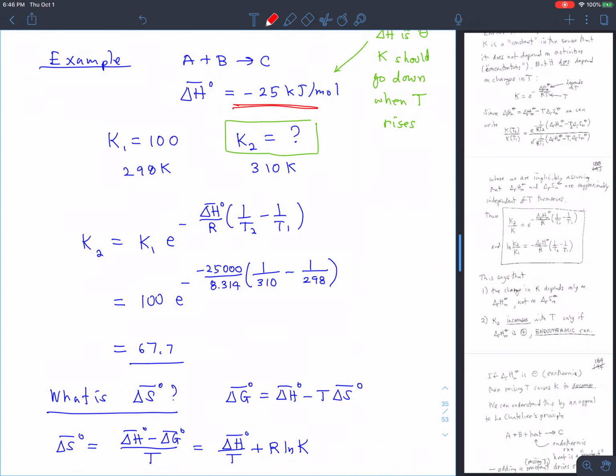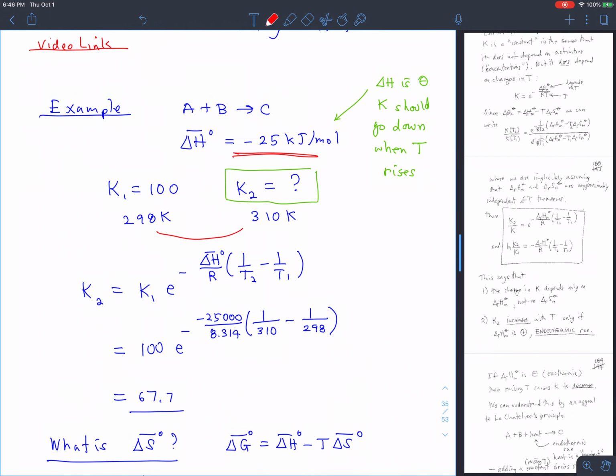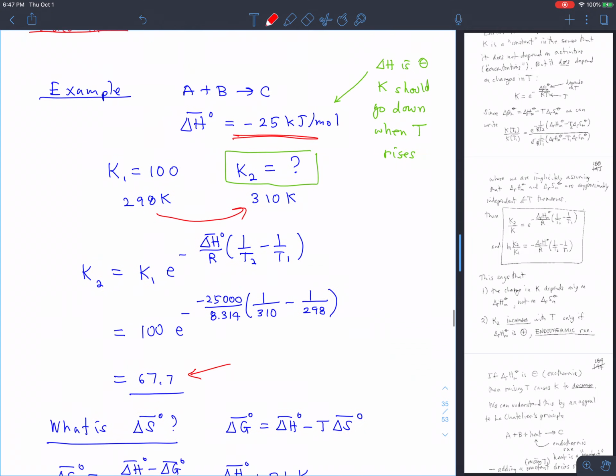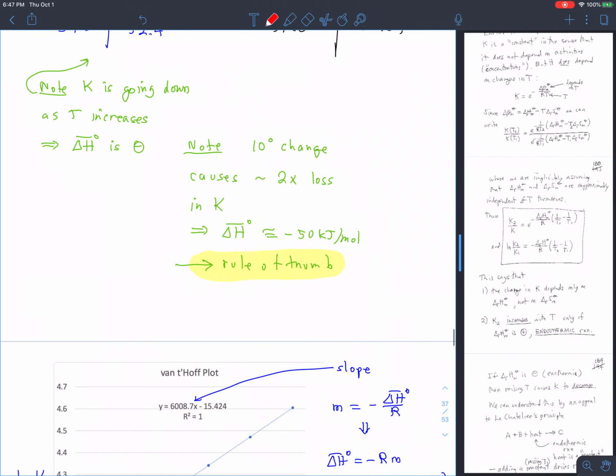With a minus 25 kilojoule per mole value for delta H, we saw that in just a 12-degree temperature rise, we got a change of about 30%. And there's a rule of thumb. Here's the rule of thumb.